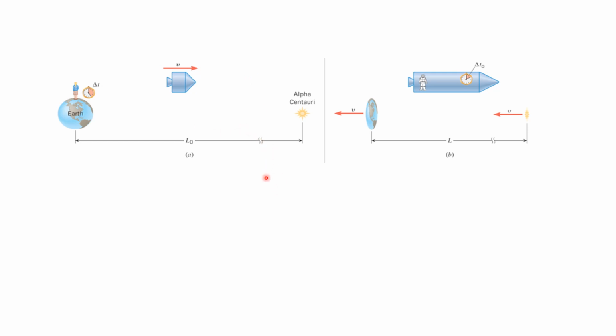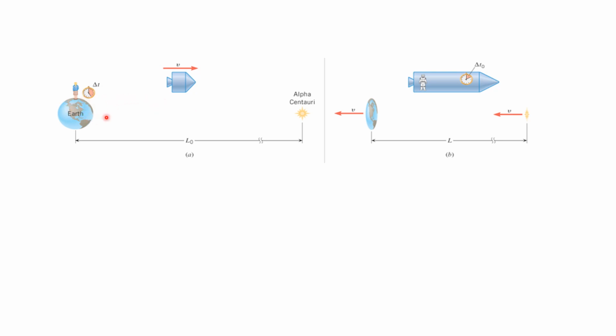Before we look at sample problems involving length contraction, let's first look at this illustration where we have an observer on Earth and a spaceship.